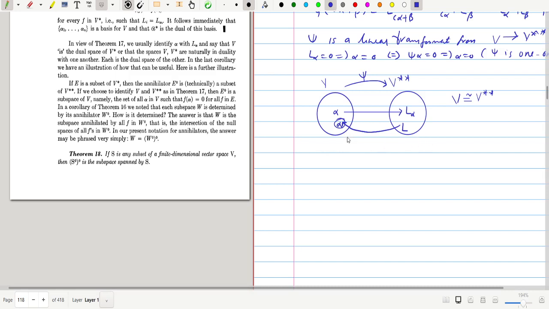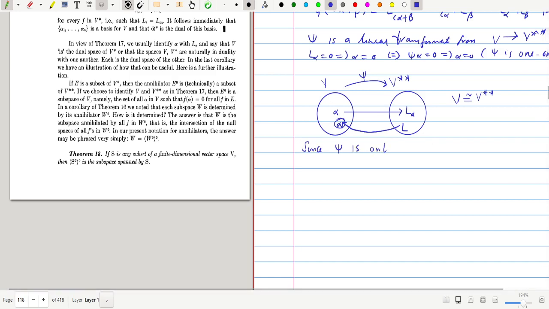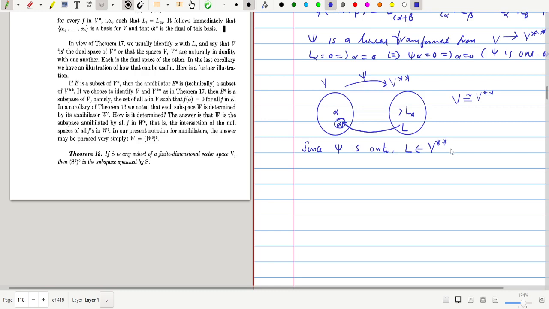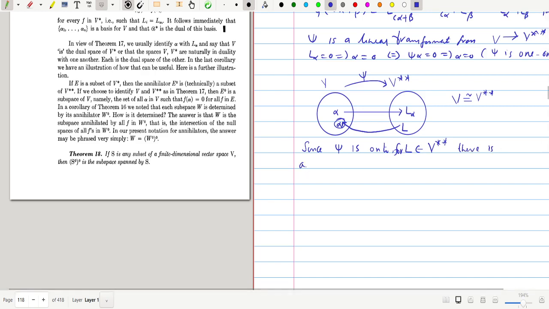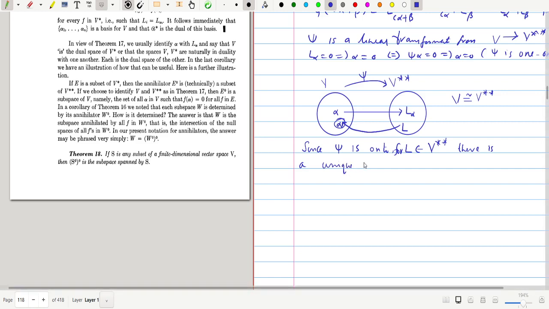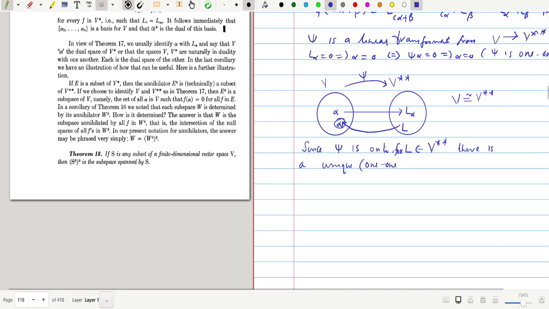This is very trivial because ψ is onto. Since ψ is onto, for L belonging to V double star there exists a unique α; this uniqueness is obtained by the 1-1ness, the map is also 1-1.